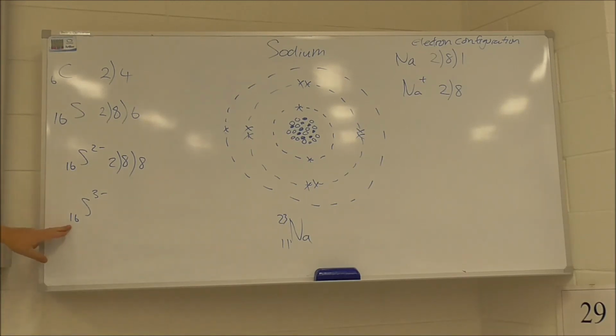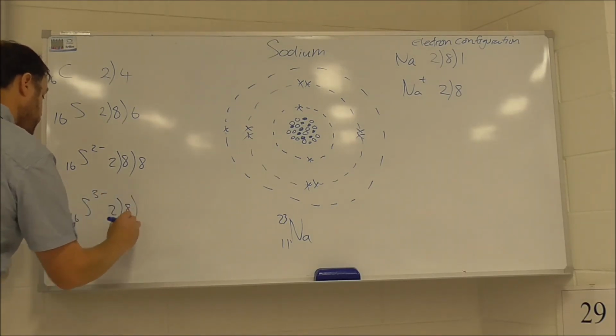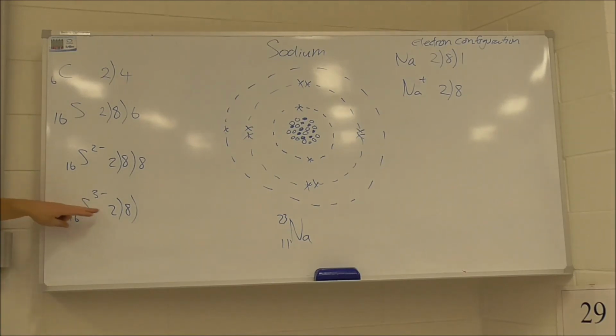Yeah. So let's write down the electron configuration for this. We've got 19 electrons now. 3 more electrons than 16 is 19. And so first shell's full, second shell's full, and well, I can't have 9 in that third shell, can I?